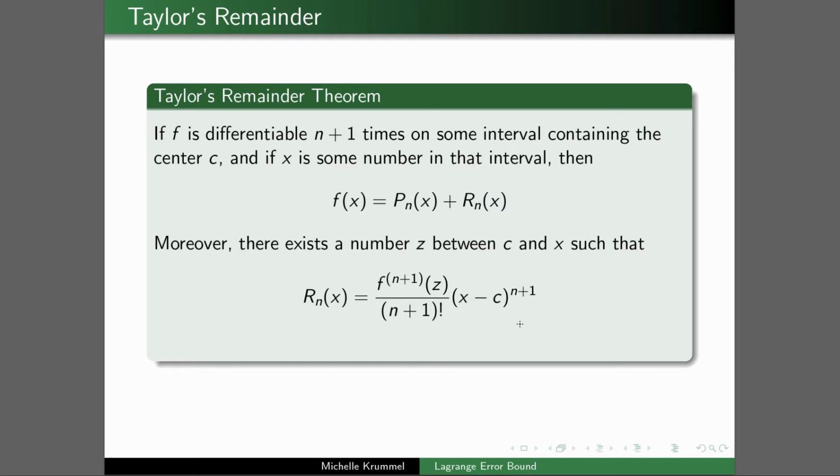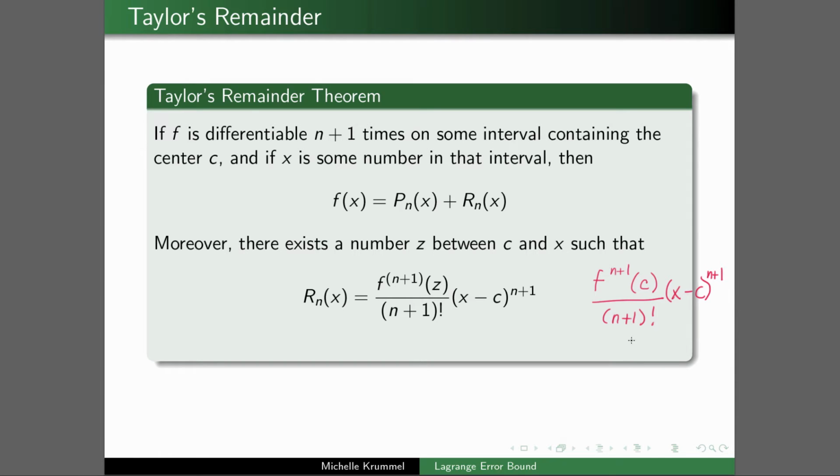So this should look familiar to you. It is very similar in form to the n plus first term of our Taylor polynomial. The n plus first term of our Taylor polynomial would be the n plus first derivative evaluated at the center over n plus 1 factorial times x minus the center to the power n plus 1.